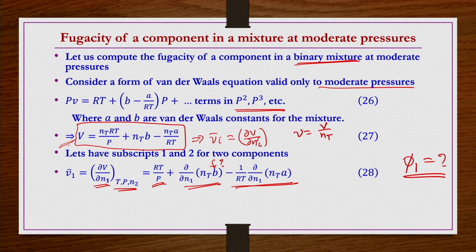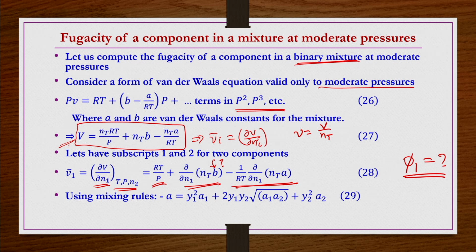As I mentioned, A and B depend on the composition for mixtures, and there are many mixing rules. For simplicity, for the time being we take the constant A for the mixture as a function of composition and constants of the pure species.